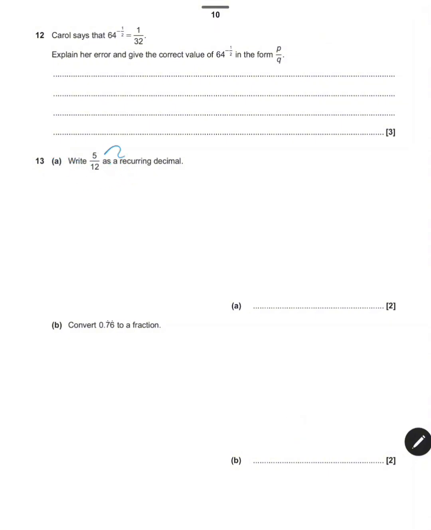Question 13. We're looking to convert 5 twelfths to a recurring decimal. So we're literally being asked to do 5 divided by 12. So I'm going to see how many 12s go into 5. The answer is 0. So I'm going to need a decimal point and some digits to work with. 12s into 5 is actually 0, remainder 5.